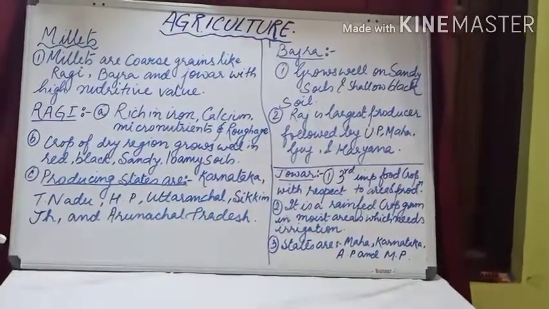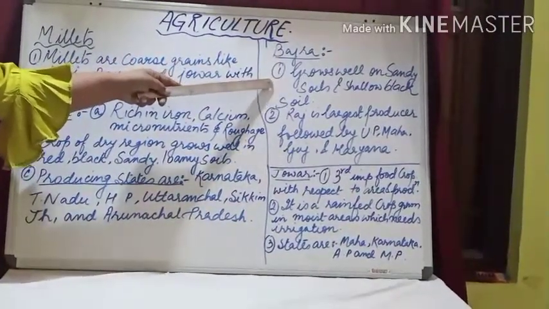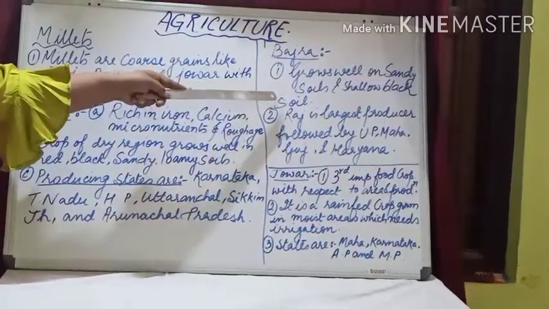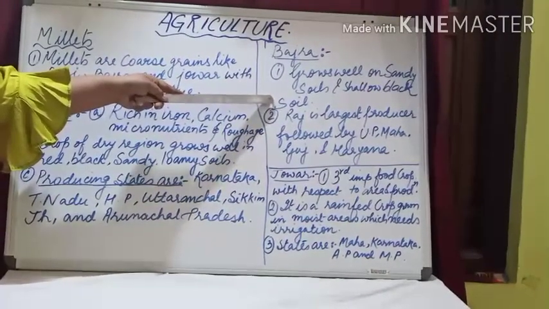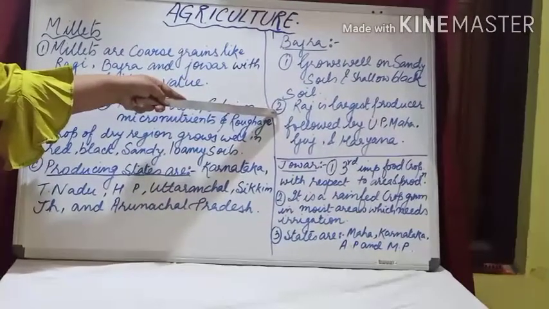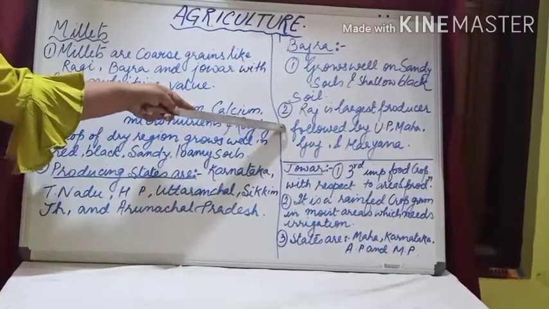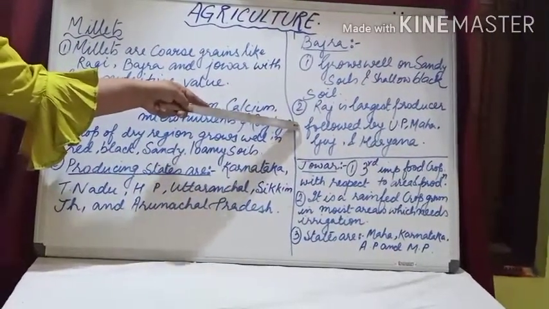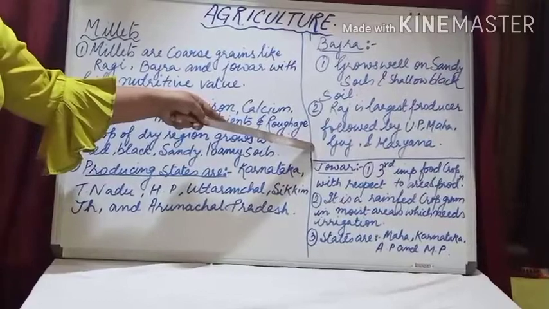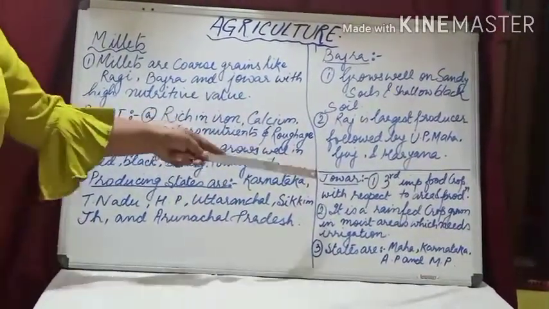Moving towards the bajra. Bajra grows well on sandy soils and shallow black soil. Rajasthan is the largest producer of bajra, and it is followed by Uttar Pradesh, Maharashtra, Gujarat and Haryana. Jowar, the third one.